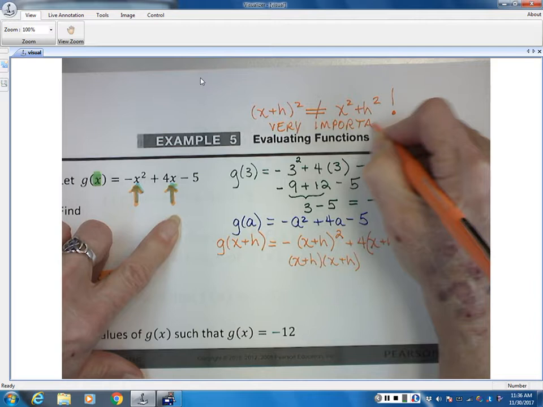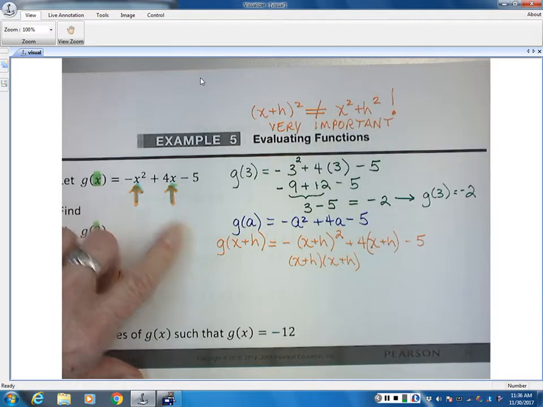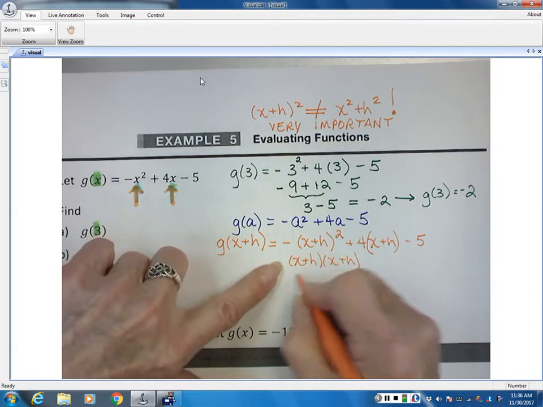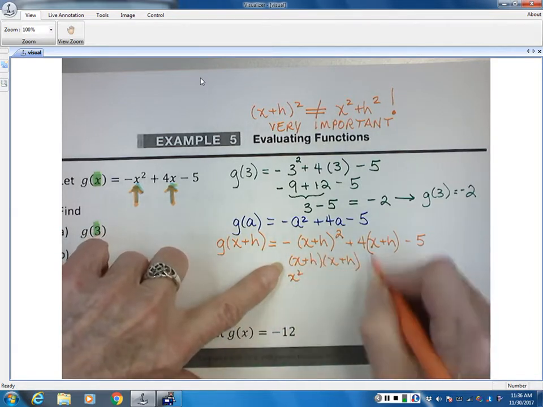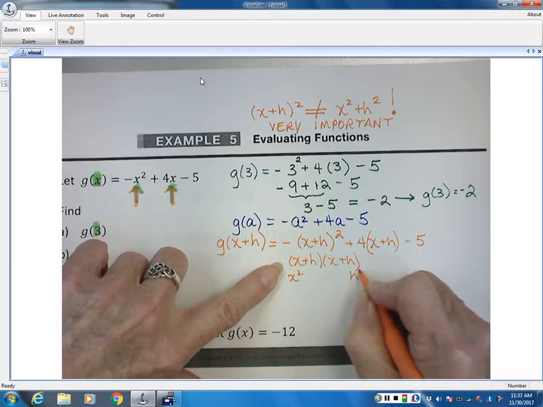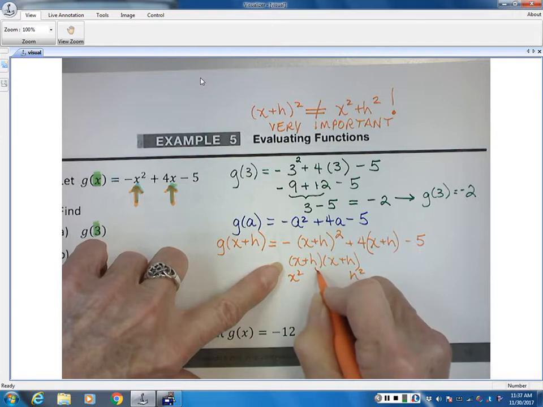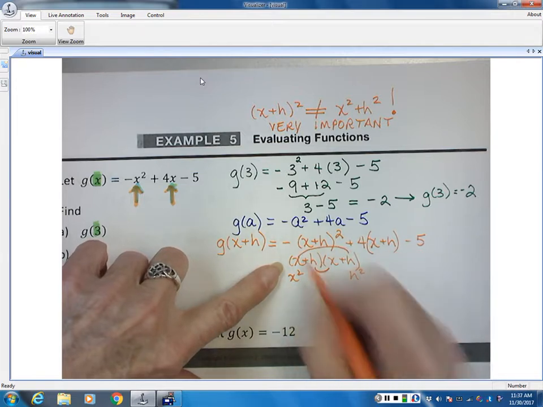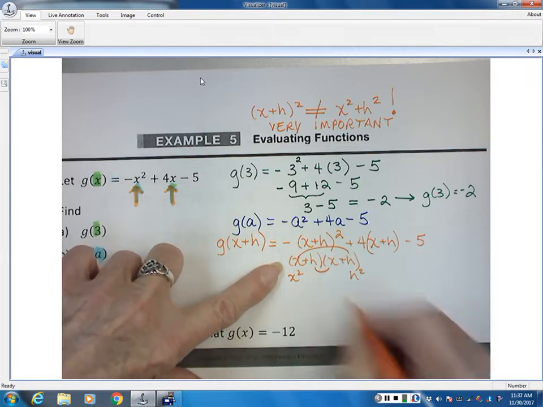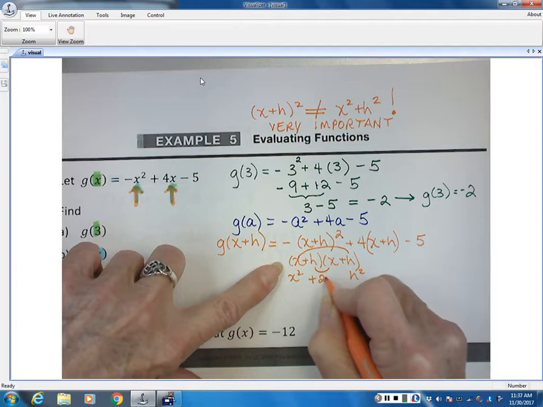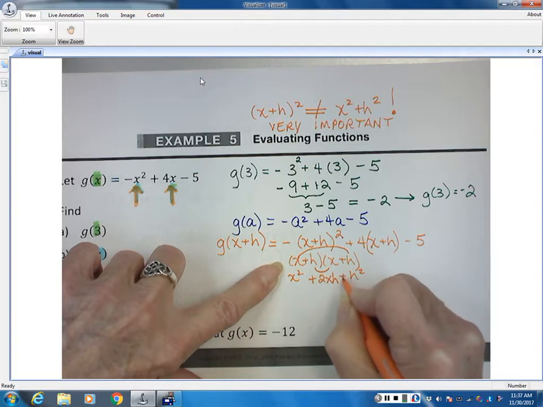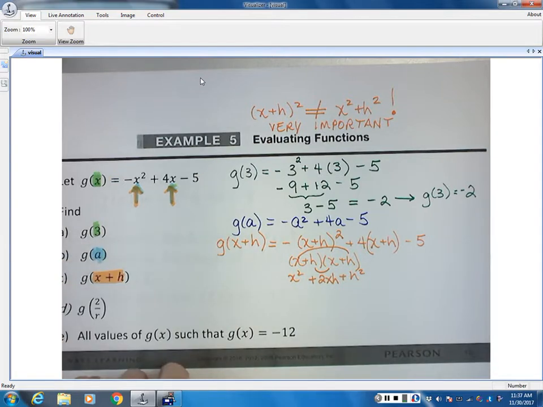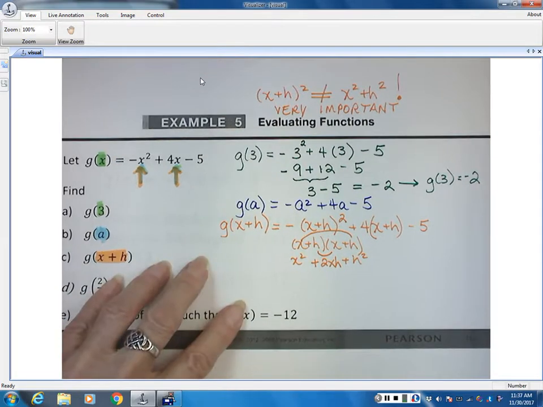It's x squared plus 2xh plus h squared. x times x is in fact x squared, and h times h is in fact h squared. But x times h and x times h added together is going to give you 2xh in the middle of that. So be sure you multiply properly.